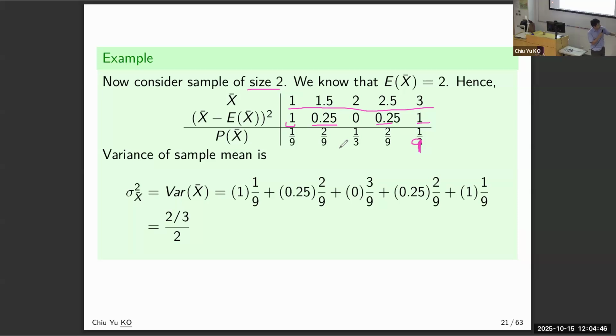And you can calculate the variance, with 5 outcomes, right? Multiply by the second row to the last row of the table, and add together. And you can figure out that the answer is 2/3 over 2, which is sigma square over n, where n is 2. Okay, so I demonstrate this formula is correct.